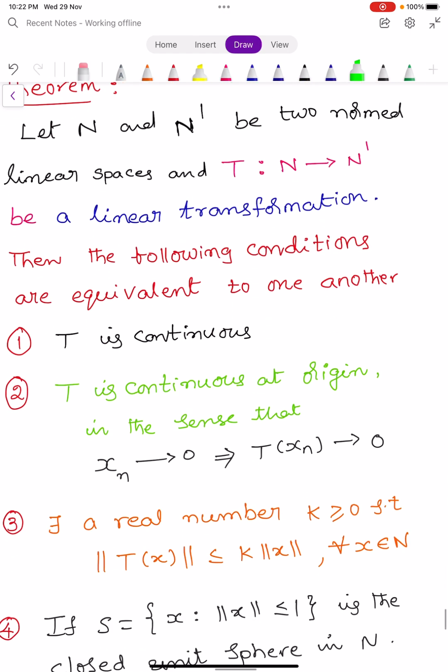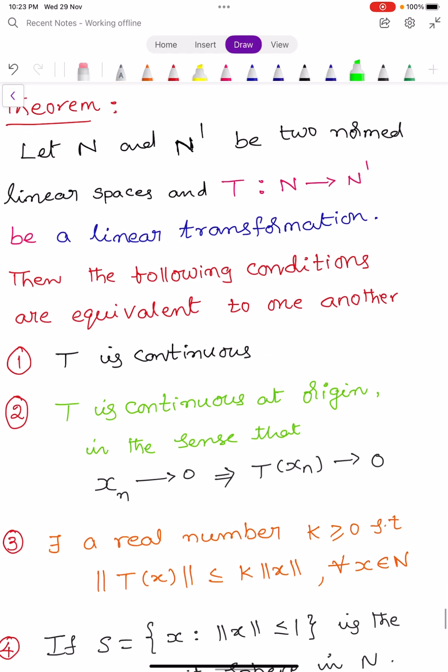Now we prove one very important theorem in functional analysis regarding these linear transformations. Let capital N and N dash be two normed linear spaces, and T maps N into N dash be a linear transformation.